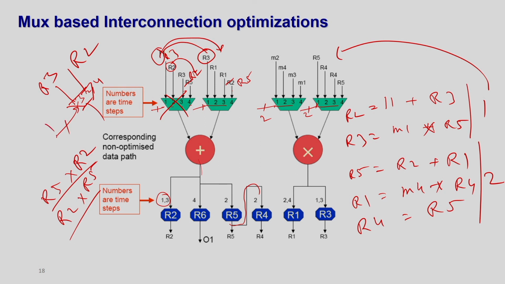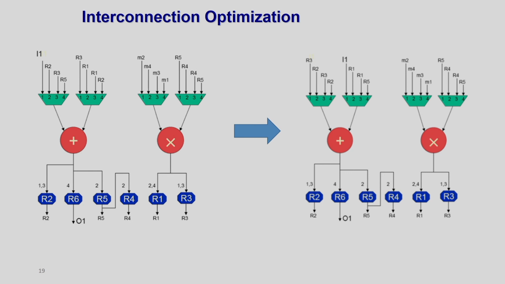Okay. So, that is the mux optimization: you make the connections and then you check the commutativity of the operations, and based on the commutativity you can bring the common inputs of a mux to the same side, and as a result the size of the mux might reduce. Okay. So, if you just do this here, what I have done is I just swapped these, R3, R3, R3, R1, and also I removed the duplicate, which I already told you, R5 and R2, right.